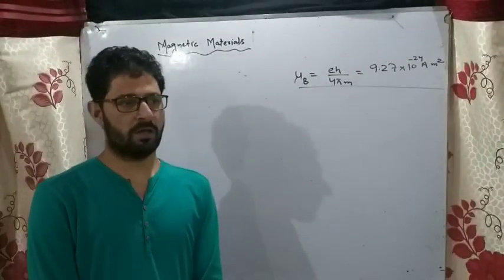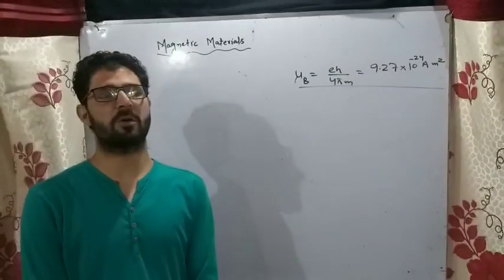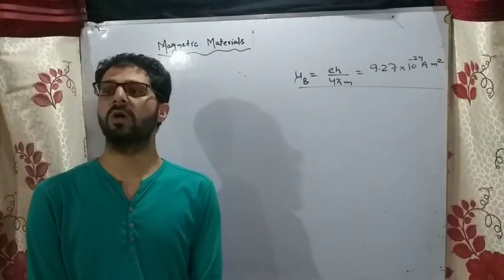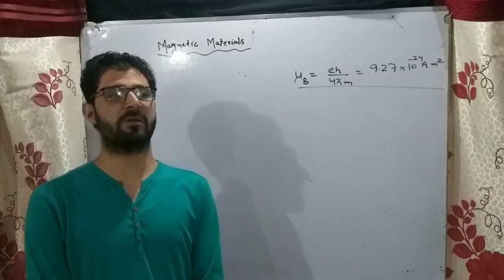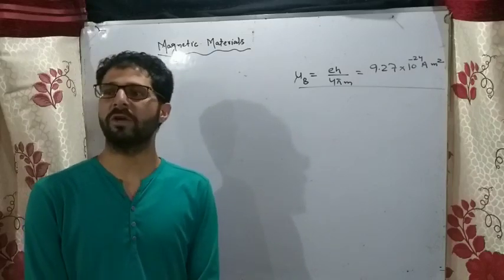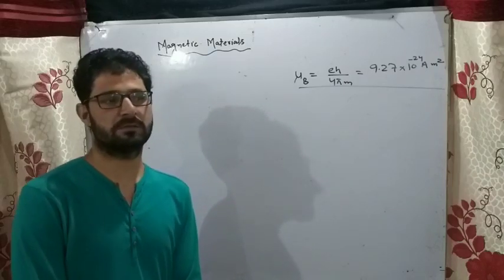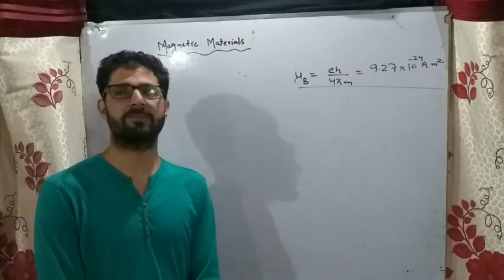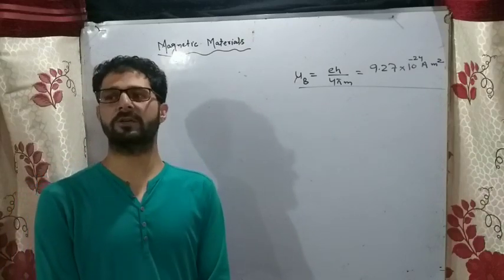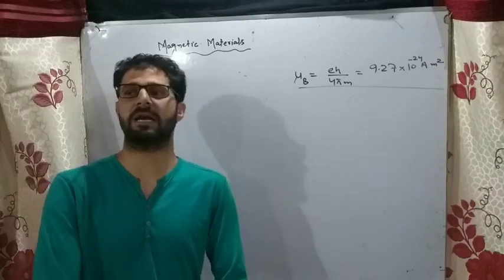Now there are various types of materials, and on the basis of how they behave in an external magnetic field, we classify the materials. Here we classify the materials in three categories according to their behavior in the external magnetic field.